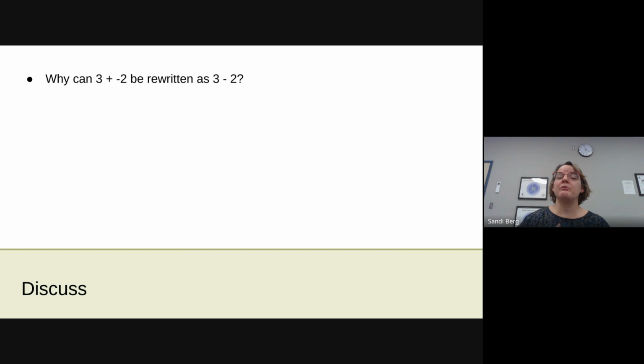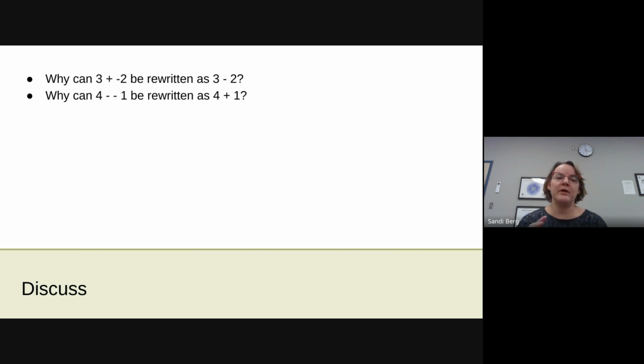Well, if I've got my 3 piles and I've got my 2 holes, I used 2 of those holes to remove 2 of the piles to get into Zen state, and I was left with 1. And why can 4 minus negative 1 be written as 4 plus 1?